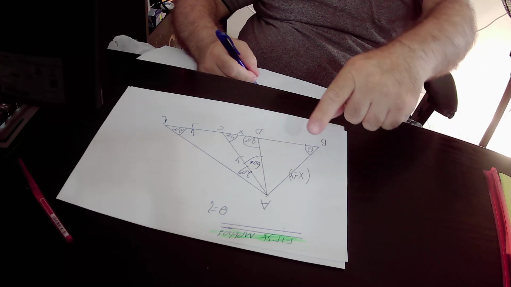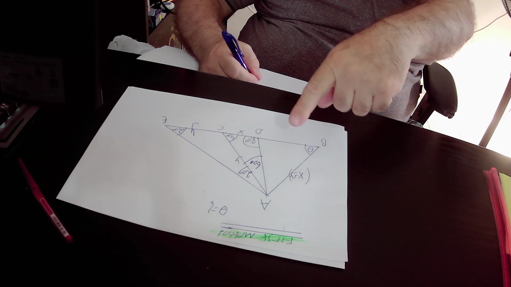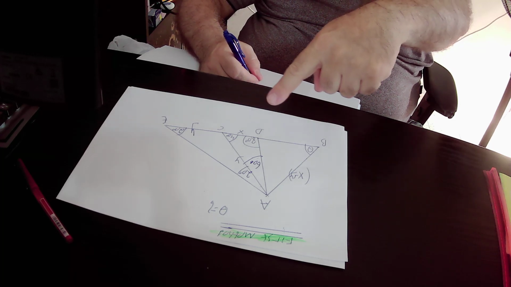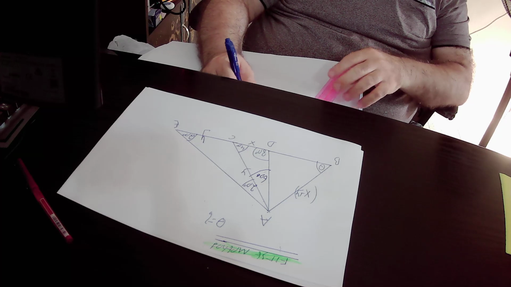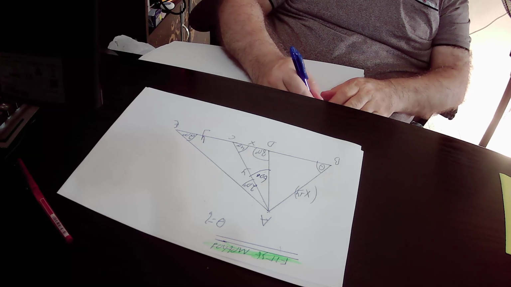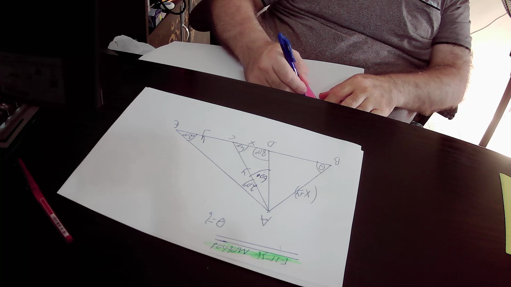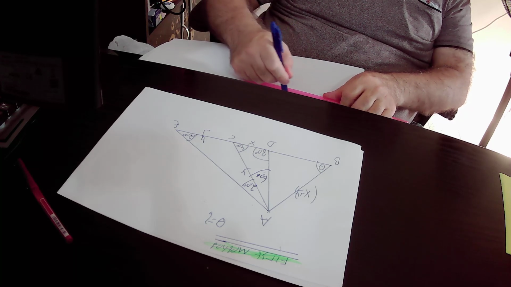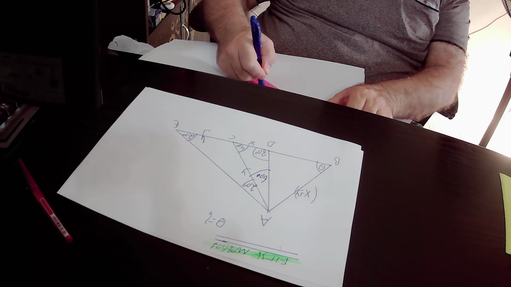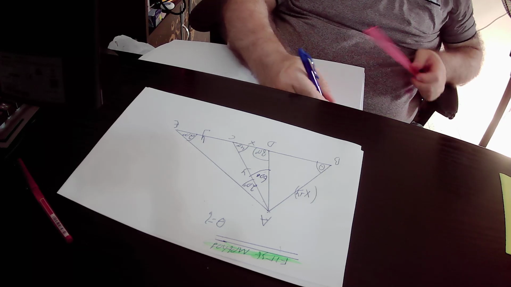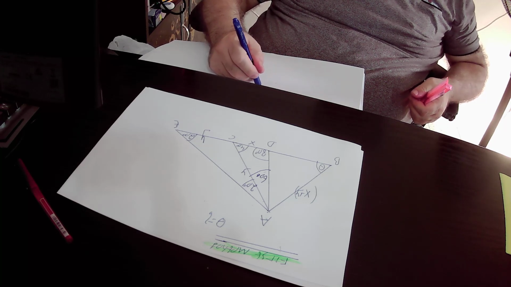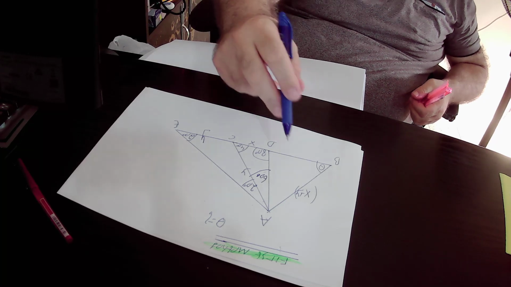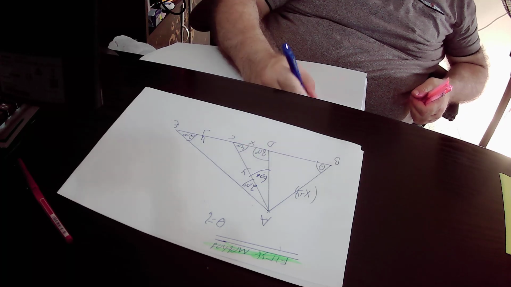In the next step, I copy triangle ADE in a new page, and we will analyze triangle ADE. Angle DAE equals 60 degrees plus 20 degrees, that is 80 degrees.